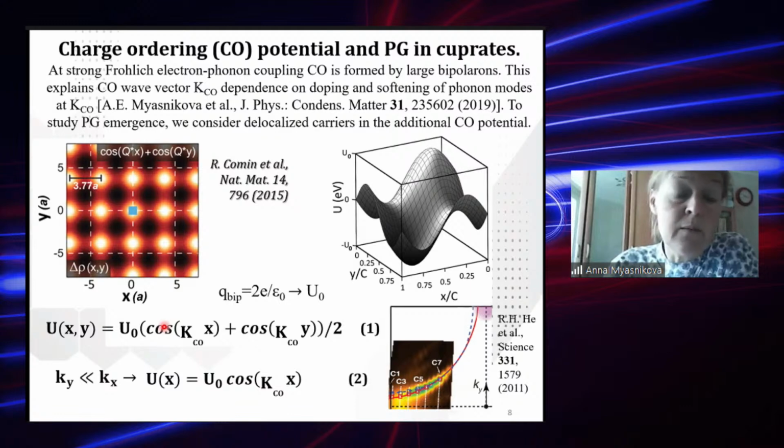It will be like this, or, when we take into account that near the antinode, where the pseudogap is formed, one component of the momentum is much larger than the other, we can first consider this simplified potential, and then the more complex potential like this.